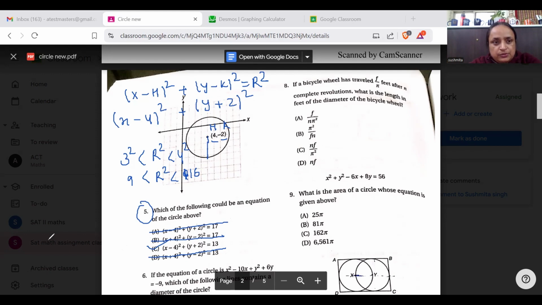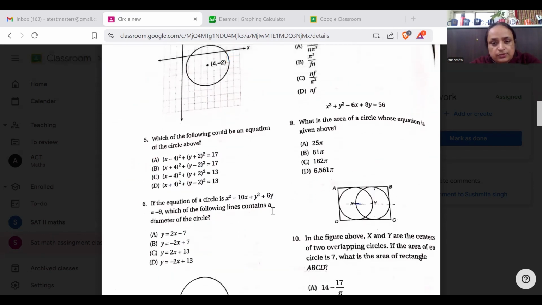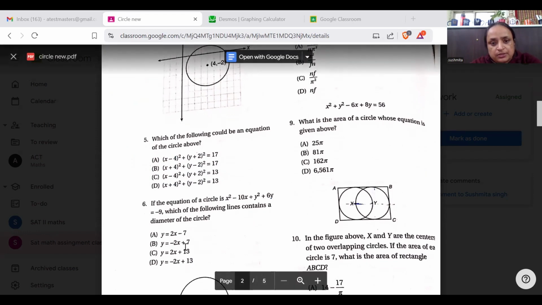Okay, let's do another one. Over here, you are given the equation of a circle and we have to find which of the following contains the diameter of the circle. My equation is x squared minus 10x plus y squared plus 6y equals minus 9. Now, if you don't know completing the square, that's not a problem.